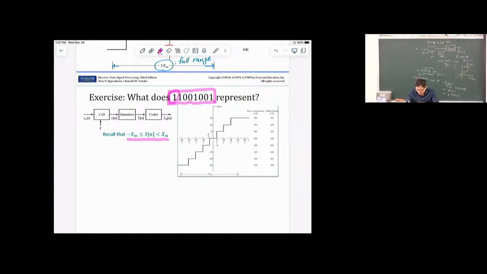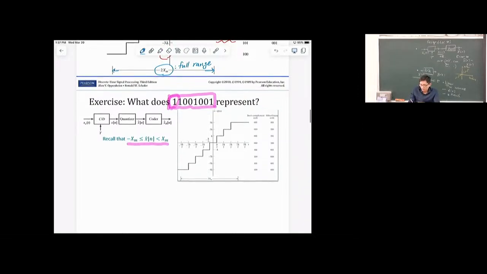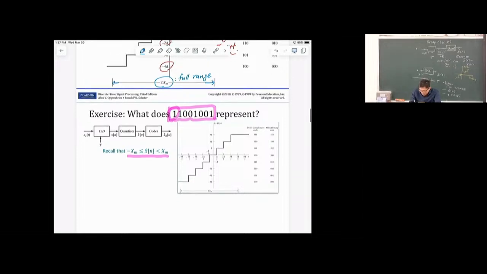Okay, so let us try to solve it together. Okay, solution.